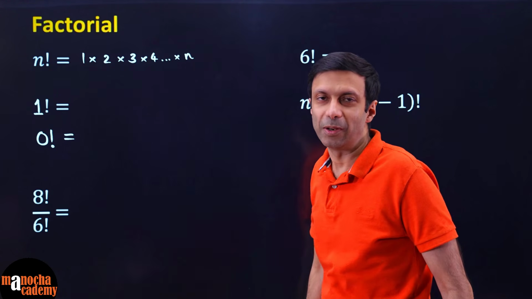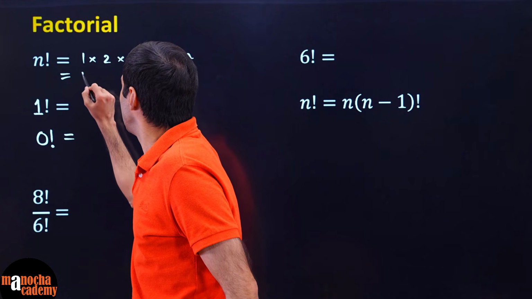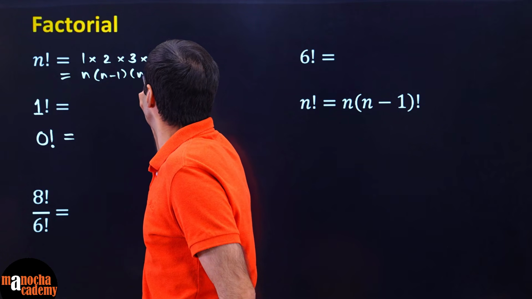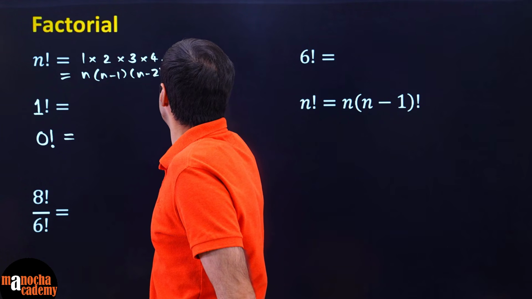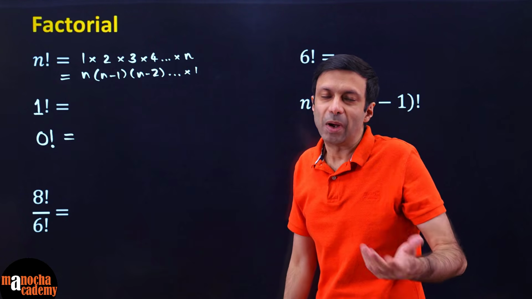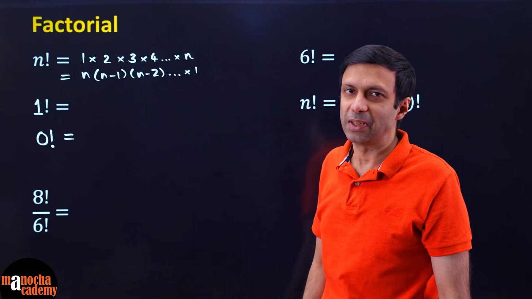Or you can write the other way around. You can think n factorial is n times n minus 1 times n minus 2, and you keep on multiplying all the way up to 1. Obviously in multiplication the order doesn't matter, so whatever is convenient for you, you can use that.